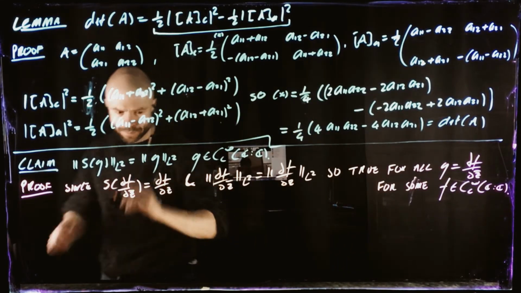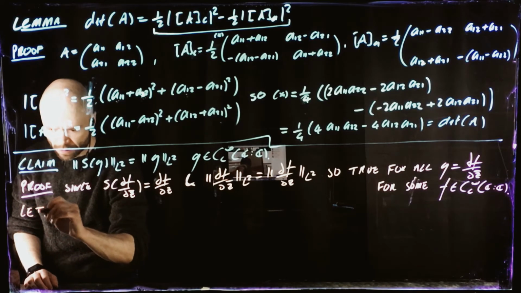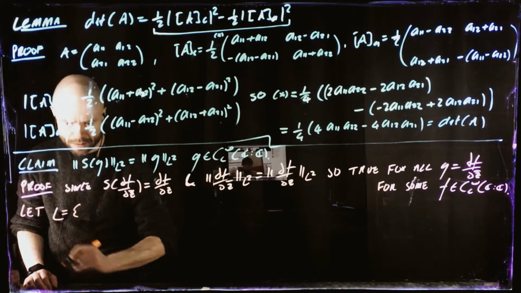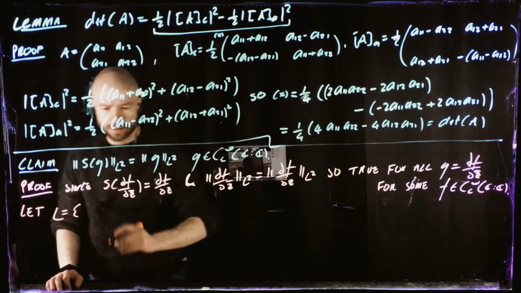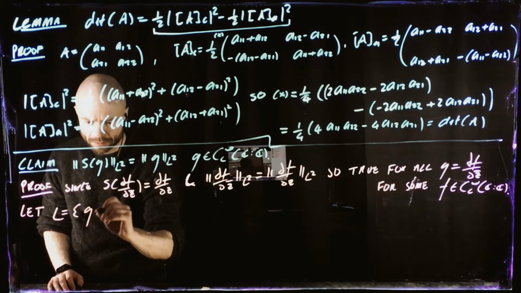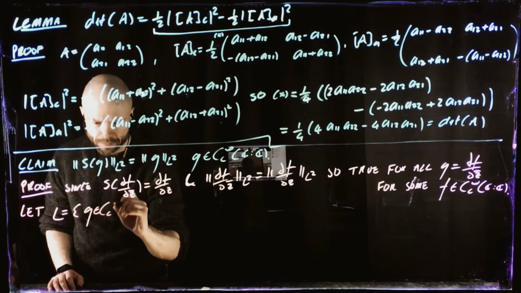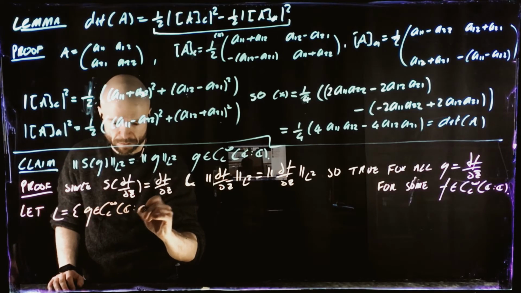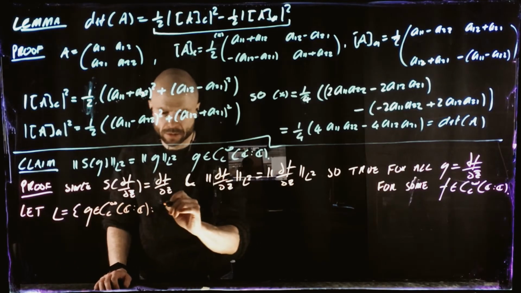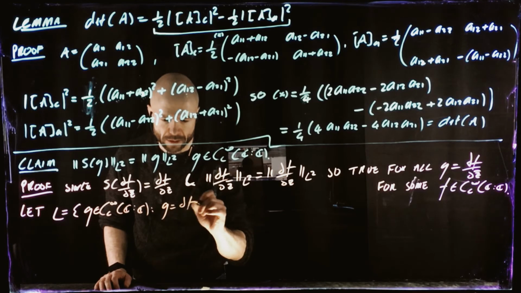Okay, so let L be this set of functions, the set of g like this. I write this the long way around rather than just writing conformal part of the gradients.